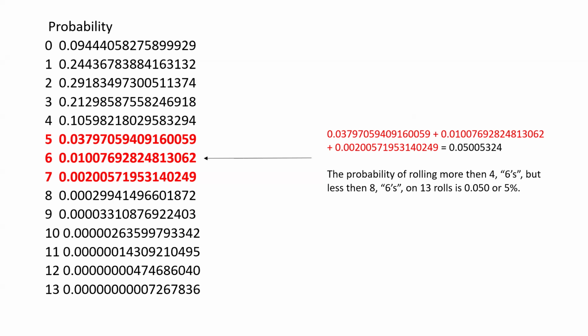The probability of rolling more than 4 sixes but less than 8 sixes on 13 rolls is 0.050. Again, you have to turn that into a percentage. How you handle significant figures is up to you as far as rounding is concerned. But remember to move the decimal point over to get to the percentage. We're going to add the values of 5, 6, and 7 from this list, and that gives us the value here.